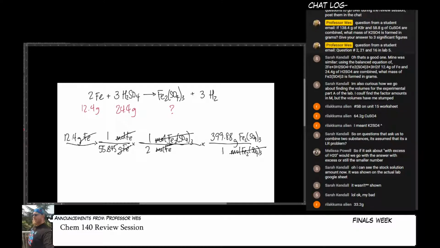That's a really heavy compound. There's a lot of stuff in that. Lots of irons and sulfates. Okay, so 12.4 times 399.88 divided by 55.845 times 2. And the result that I got was 44.4 grams iron 3 sulfate.